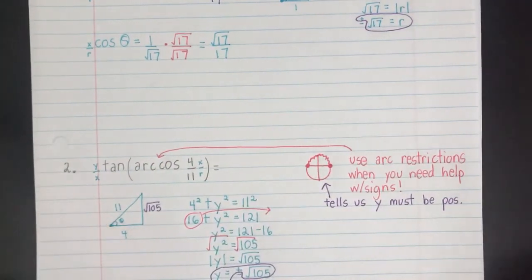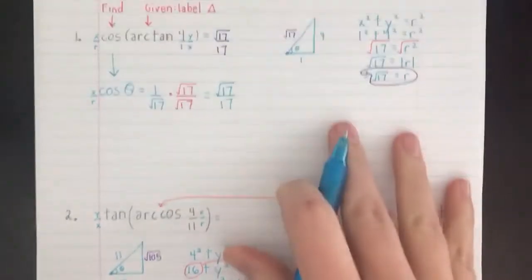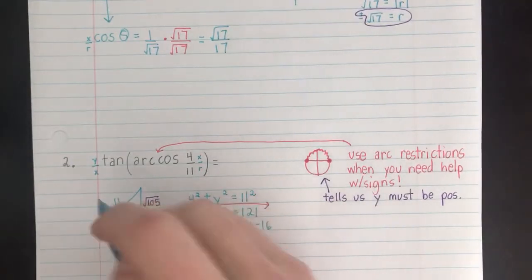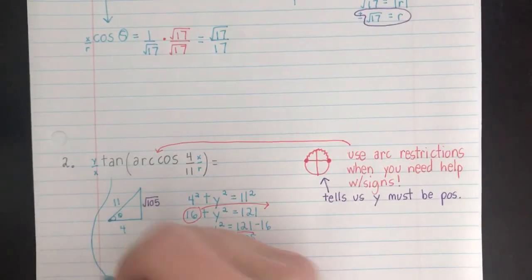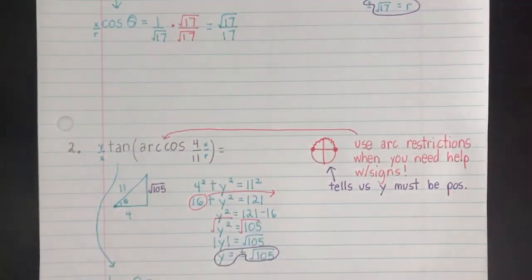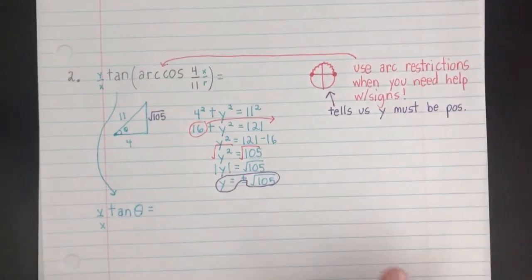So we're going to use that, of course, to help us find tan. Remember here, the top, what you're finding for your final answer is the outside. So here we need tangent of theta is equal to, tangent is y over x. Okay.